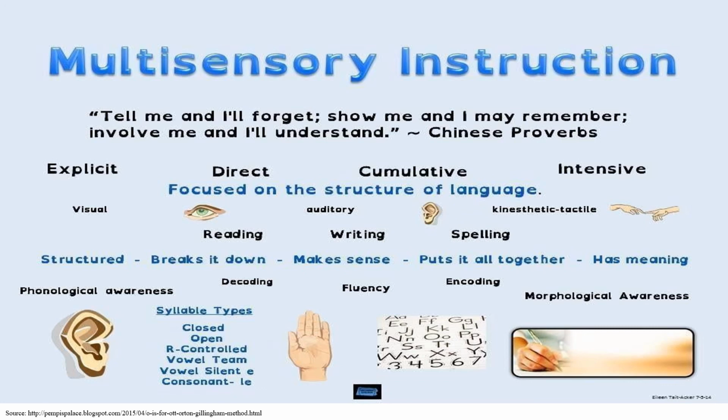The child is taught to decode, develop fluency and encode the word. In this way, multisensory instruction, specifically the VAKT method and the Orton-Gillingham method, helps children with developmental delay or intellectual disability to progress through their academic learning.